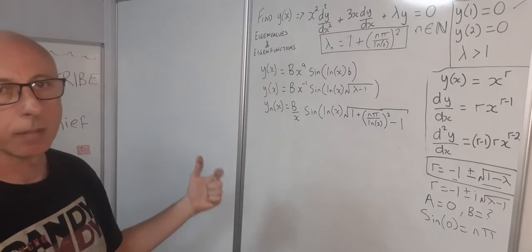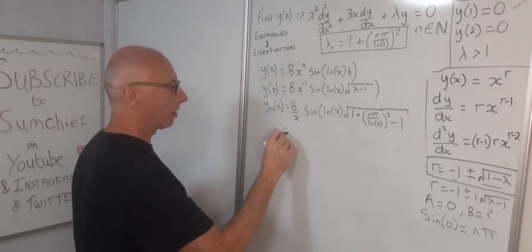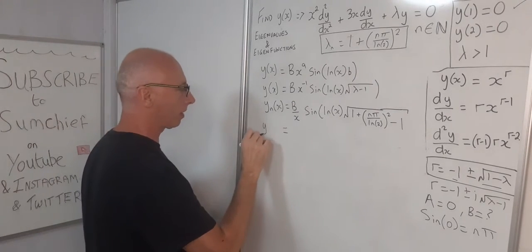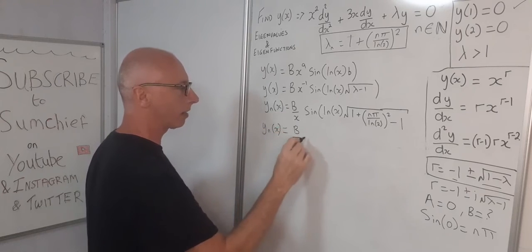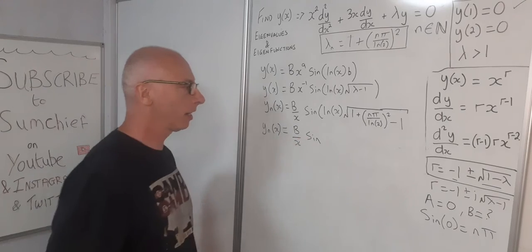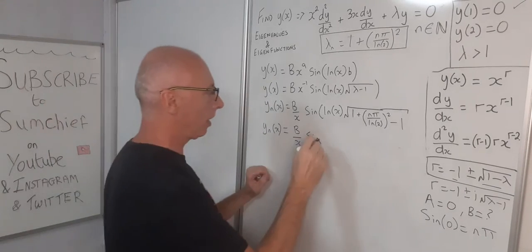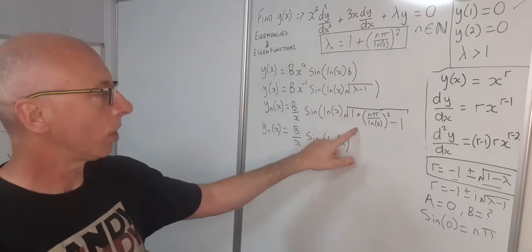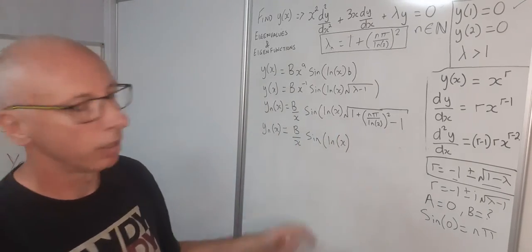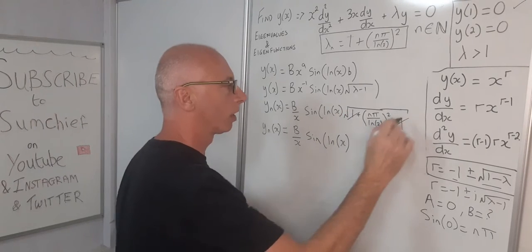Okay, let's simplify this. So y n of x is b over x sine, and then our natural log of x is going to stay. Now let's see if we can do something with this. The 1 and minus 1, we can see straight away they cancel.